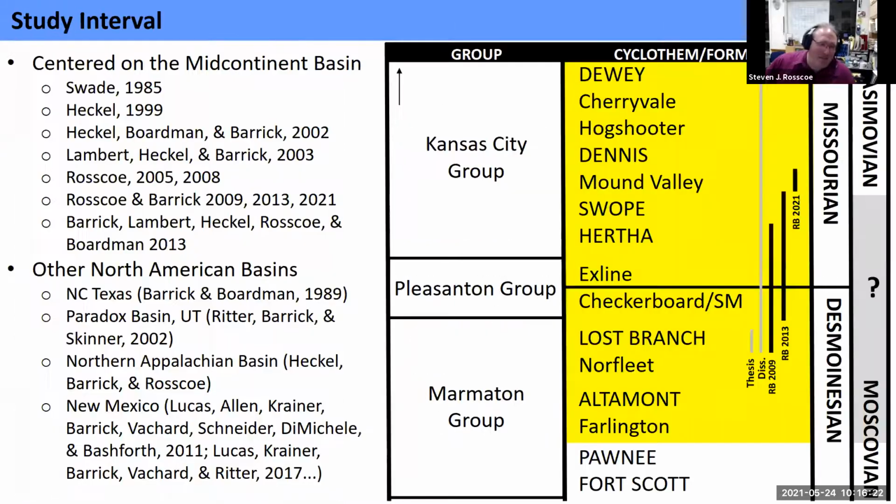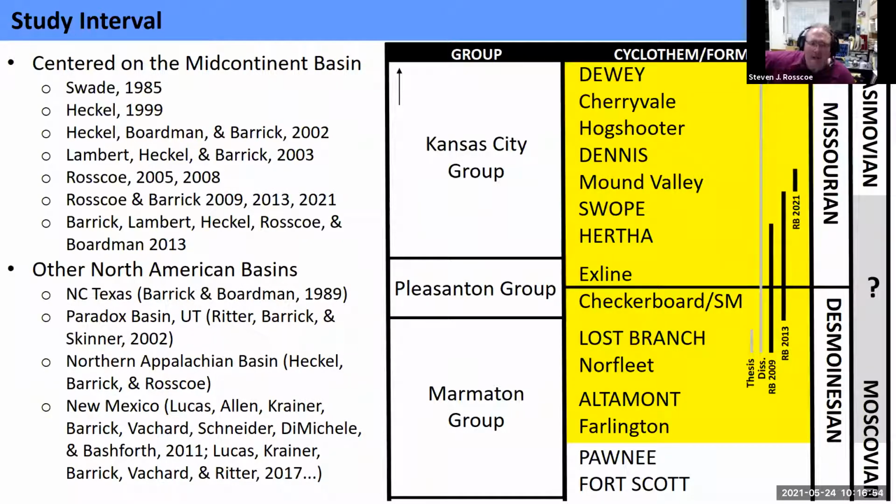Next slide, please. So this is a very messy slide just to show you how busy things are in this interval and in the study of conodonts in general in North America. The whole cyclothem formation system that we see here is listed, and somewhere around the base of the Farlington is the approximate Kasimovian boundary in the Donetsk Basin and Moscow Basin.